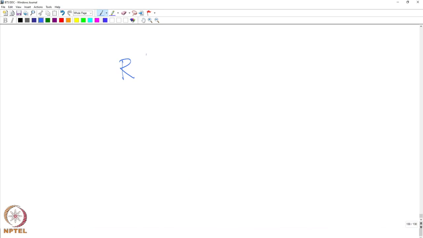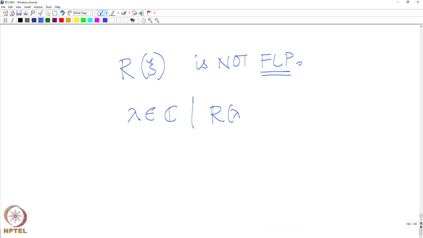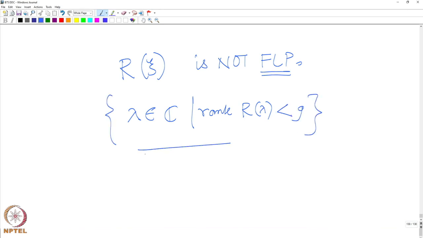if it is not controllable, look at this R xi, and if it is not FLP, if it is not controllable, not factor left prime, then these roots, these complex numbers, for which this guy loses its rank, are in a way roots that are unchangeable by this kind of control.